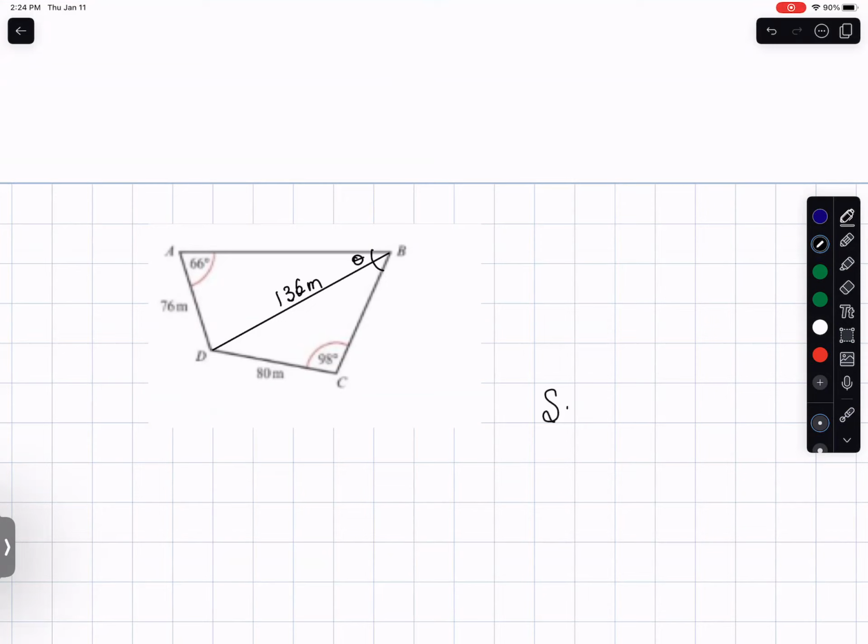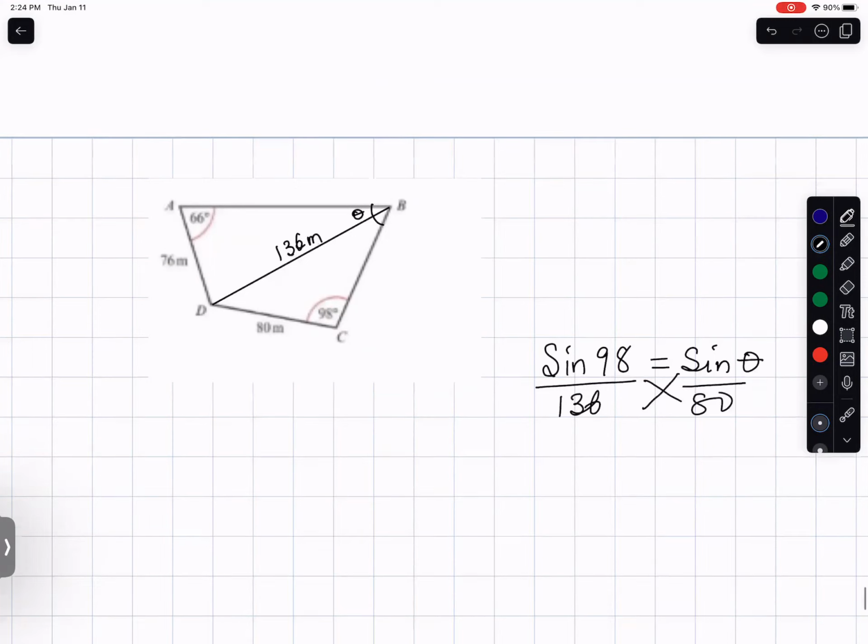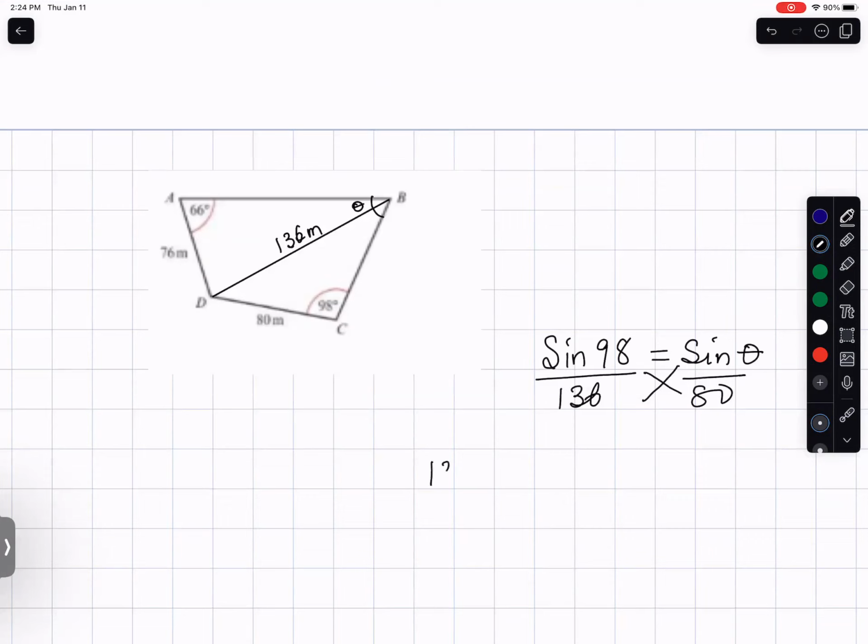So I can have sine 98 divided by 136 will give us sine theta divided by 80. So we cross multiply. We have 136 sine theta equals 80 sine 98. We divide both sides by 136.